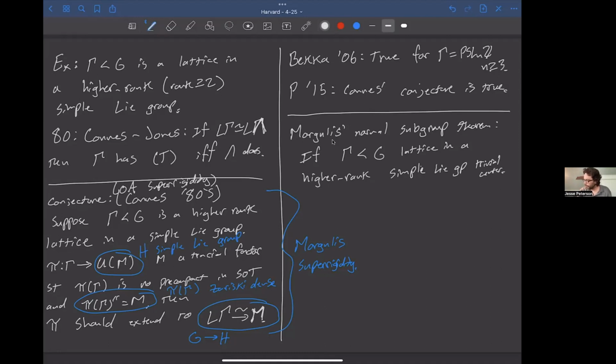And now if we have a normal subgroup of this lattice, then in fact, there aren't so many normal subgroups. What he showed is that then either sigma is the trivial group or it's finite index.